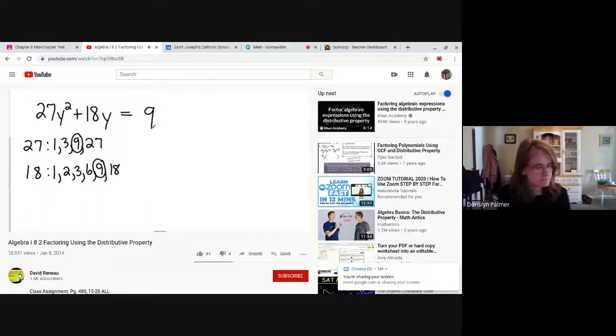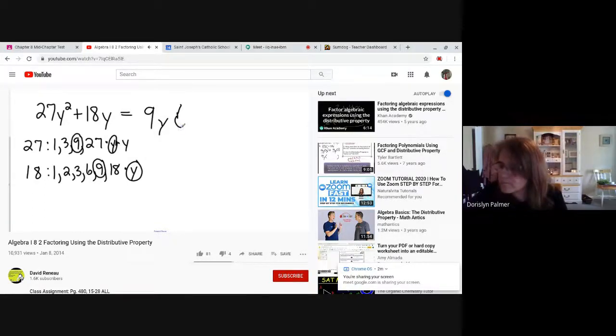Now, 27 has y squared, and 18 has y. So how many y's do they have in common? Okay, they each have 1 y in common. So I'm going to put that on the outside of my parentheses. So now I've factored out all of the common factors.